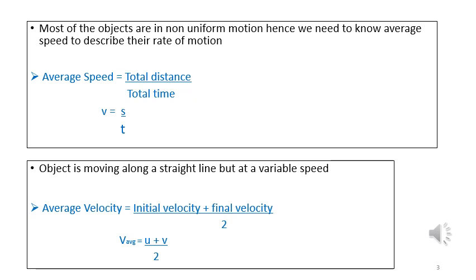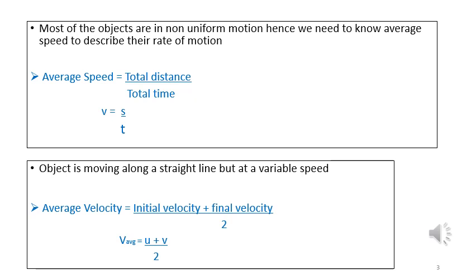Speed is variable, meaning the speed of the object changes. Say at the start it was something different, in the middle portion it was different, at the end it is different. But the object has moved. There is some displacement that has occurred. Now, this displacement can be used to find out velocity for such an object.